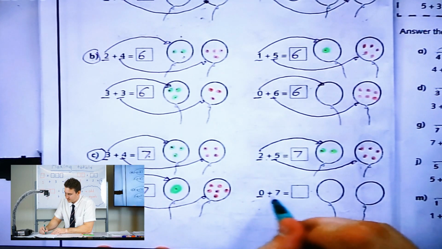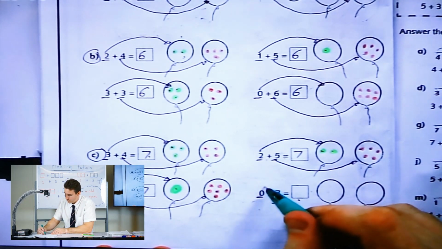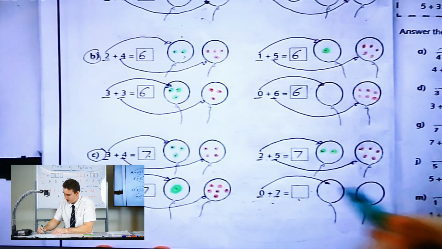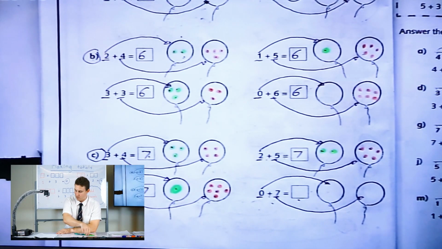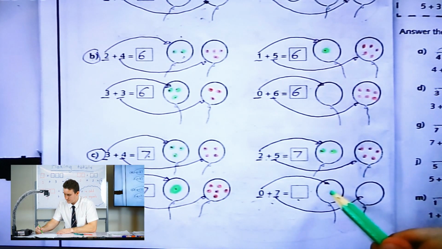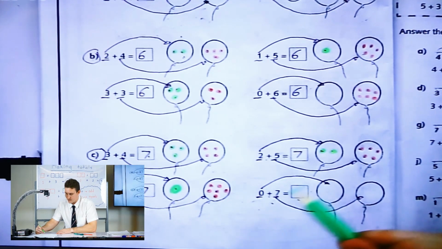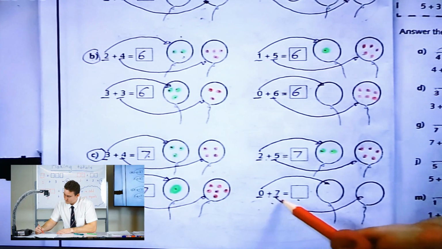0 plus 7 equals, so we're going to put in 0 in there and 7 in there. So 0 spots in the first one. Do I put anything? No, 0. And the second one we have 7.